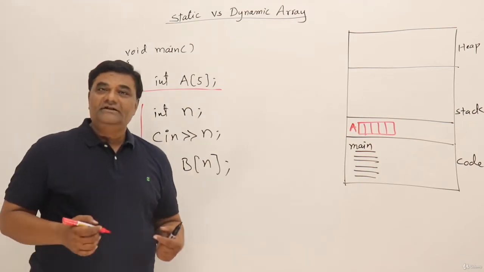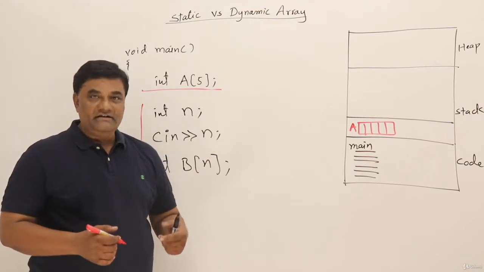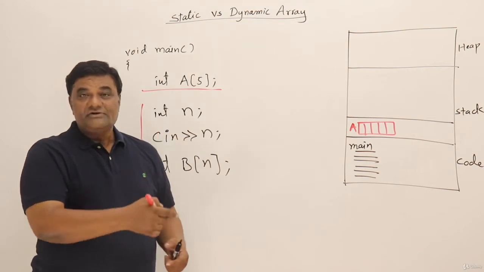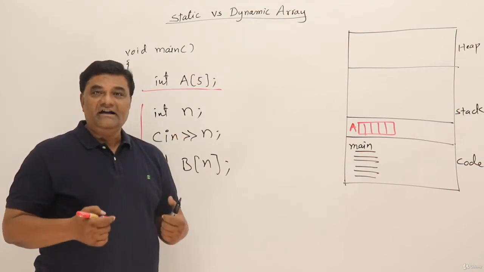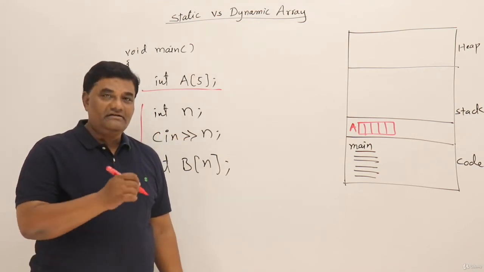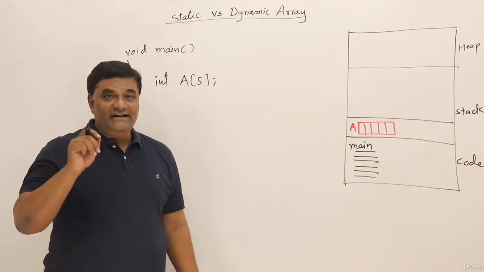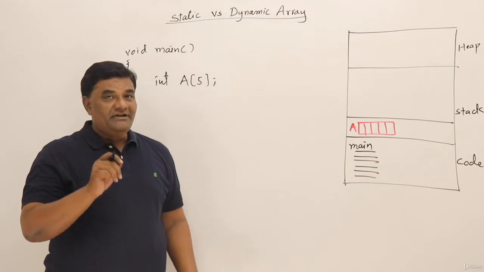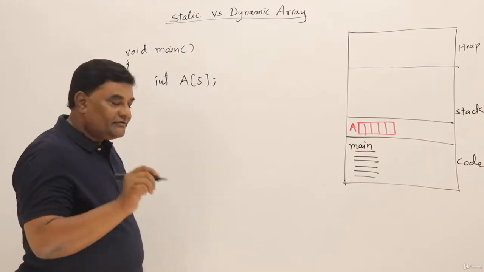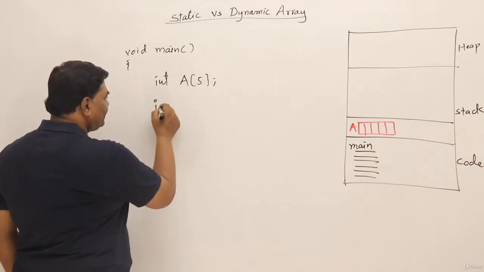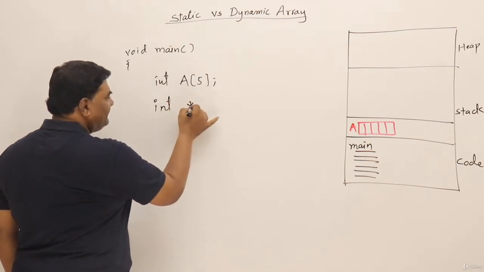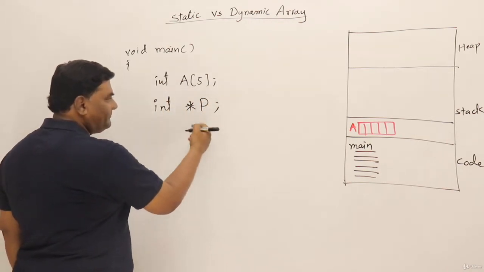Now next, we will learn how to create an array inside the heap, whose size and type, everything is decided at runtime. Now one thing you remember, for accessing anything from heap, we must have a pointer. So first of all, I should declare a pointer. I will declare the name of the pointer as p.